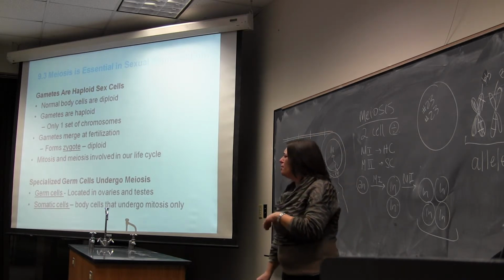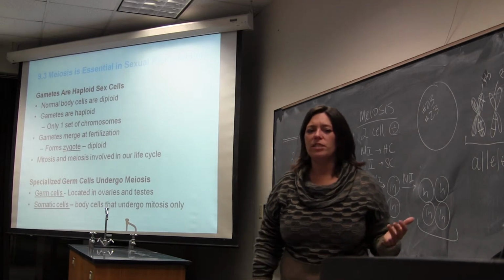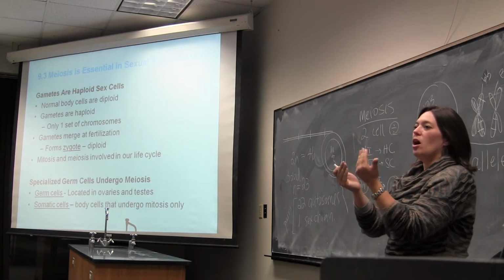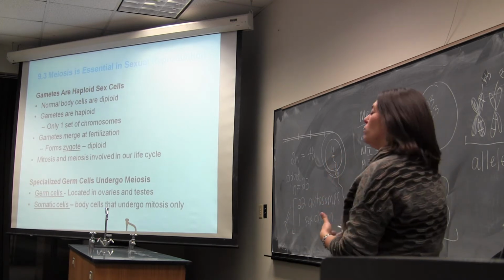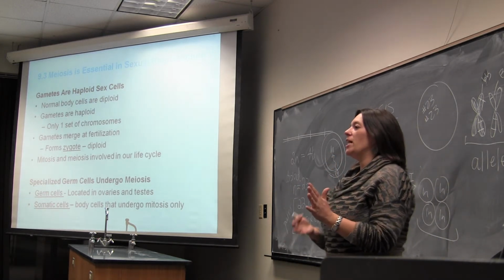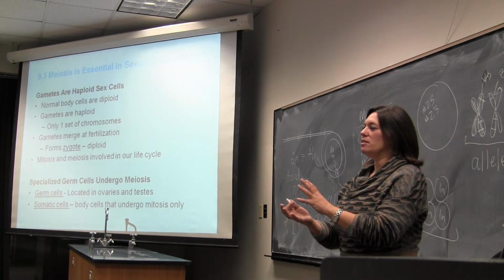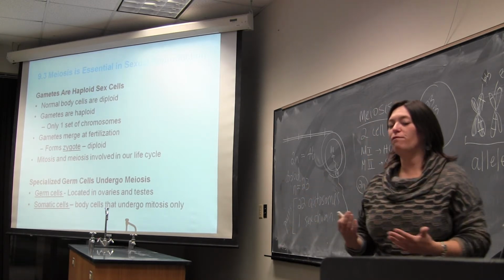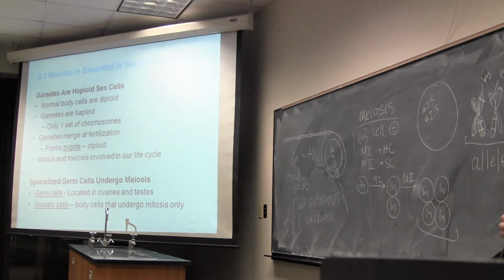And again, when comparing it to mitosis, remember in mitosis we're just making genetic copies of a body cell, whereas in meiosis we're making genetically unique gametes, forming our sex cells.